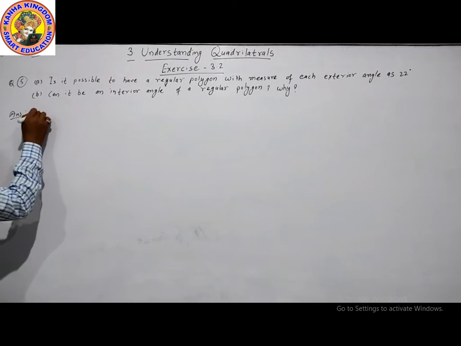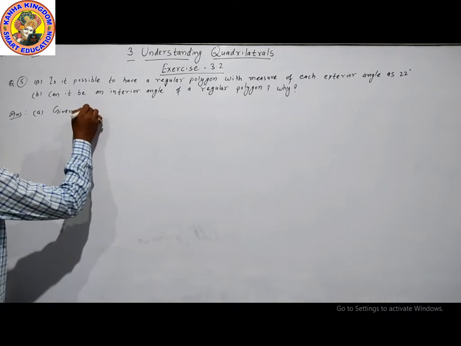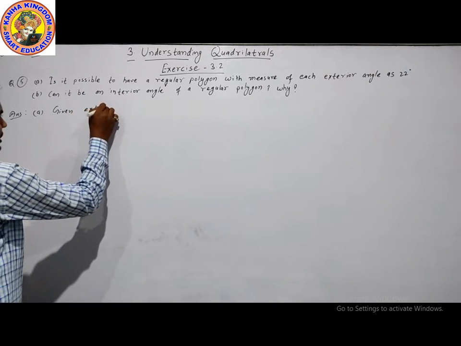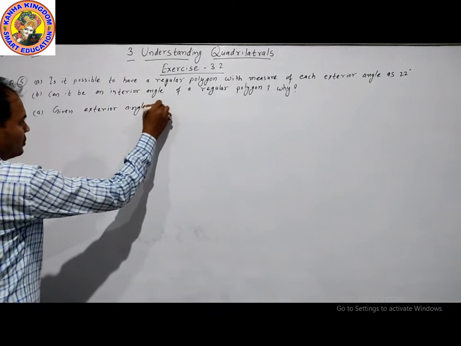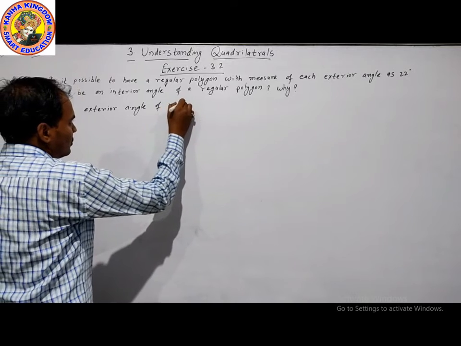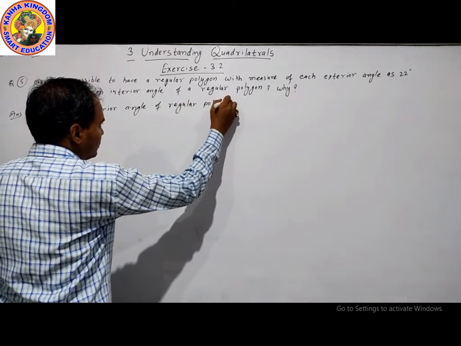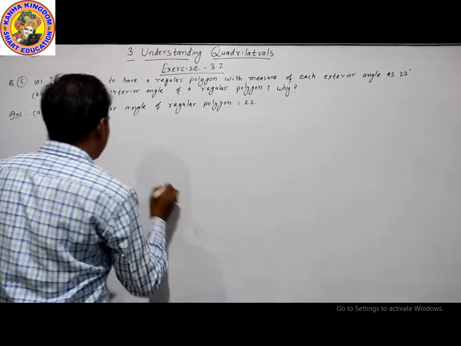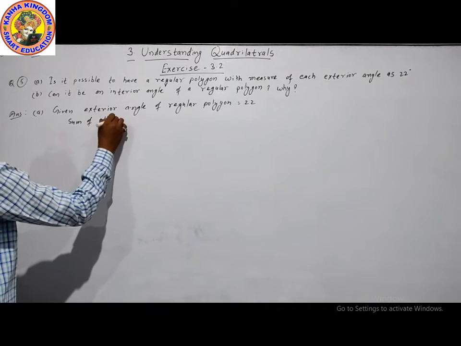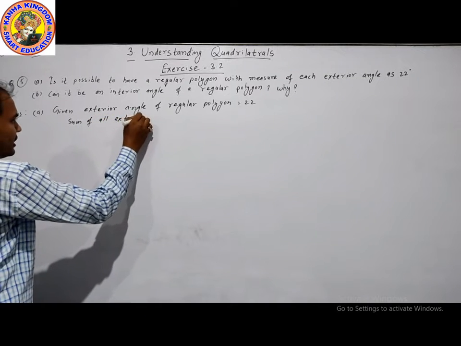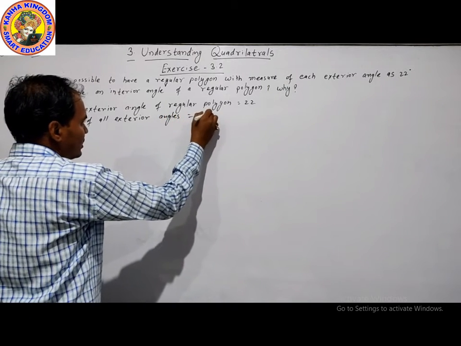Answer, part A. Given the exterior angle of a regular polygon is equal to 22, the sum of all exterior angles is 360.